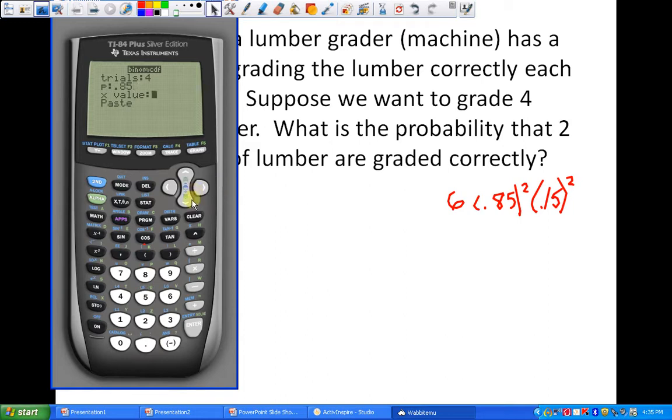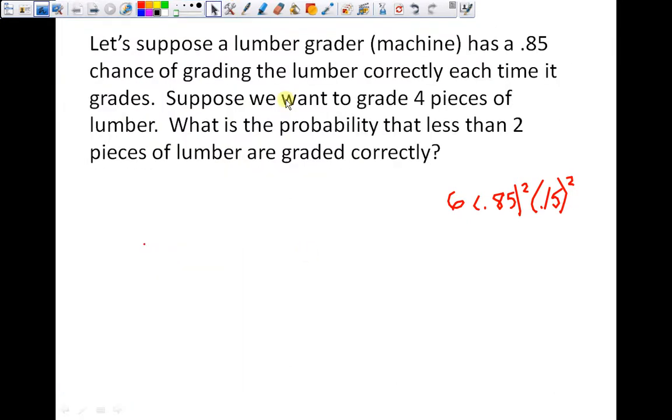If we want the probability of getting 2 or less, then we put in 2. If we run that, notice we get the same thing as when we added up 0, 1, and 2. That's what the calculator does, the exact same thing that we do. It just takes less time to do it. Okay. So let's look at another one.